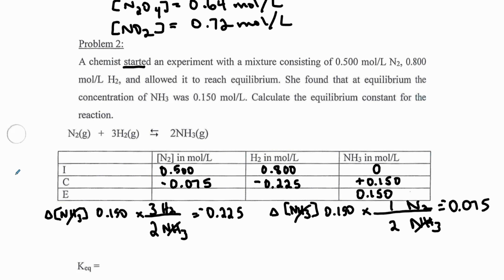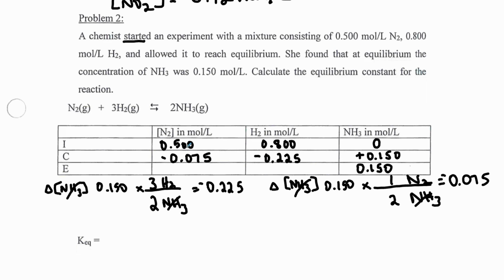Okay, so now all I have to do is subtract this value from the initial concentration and subtract this value from this initial concentration. So this subtraction would equal 0.425 and this subtraction would equal 0.575.